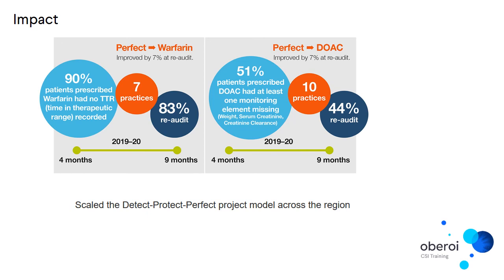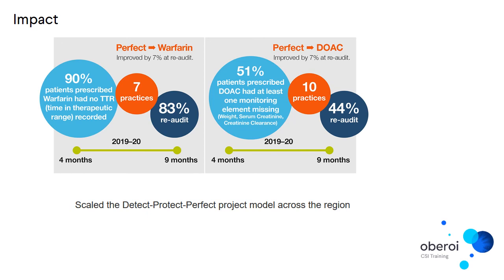And then for the perfect data, so this is looking at whether the patients are on the correct dose. We've got 7 practices that gave us data. At baseline, 90% of patients prescribed with warfarin didn't have time in therapeutic range, and at the re-audit that had dropped to 83%.